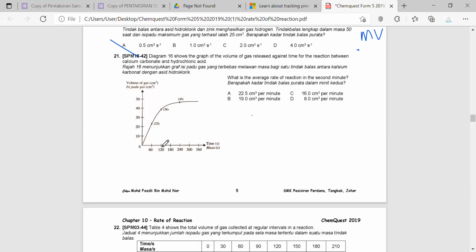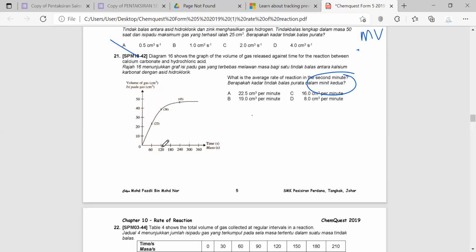Wrong. If it were 0 to 120, the question would say in the first 2 minutes. 60 to 120. Correct. In the second minute must be from 60 seconds to 120 seconds, or from the first minute to the second minute. That's the meaning of second minute.